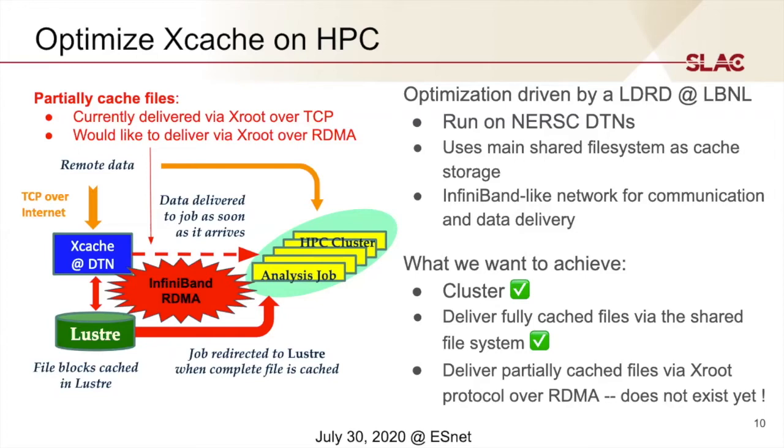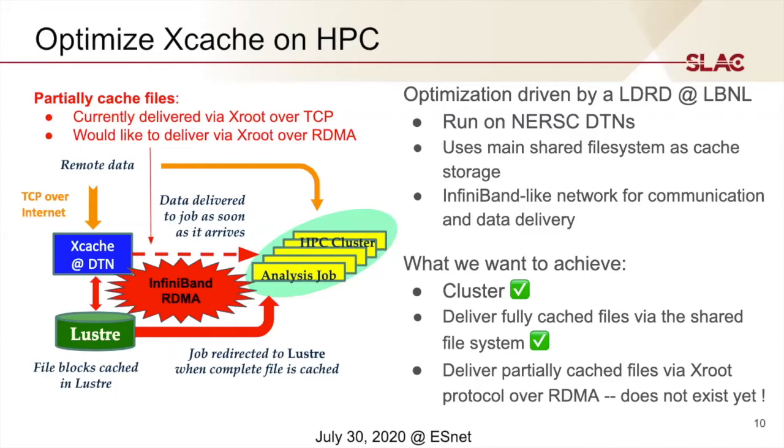We cannot deliver it through InfiniBand. But once the file is fully cached, Xcache will tell the client, the jobs on the HPC nodes, that this file is fully cached, and here is its file location on the Lustre file system. Why don't you reopen it and read from there?